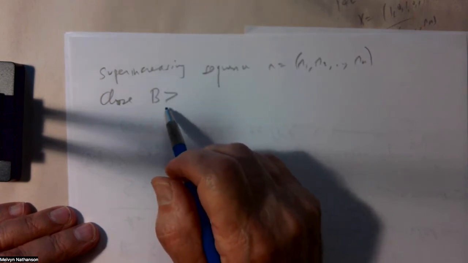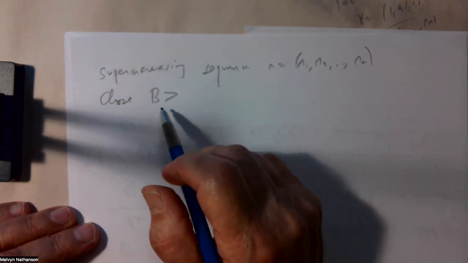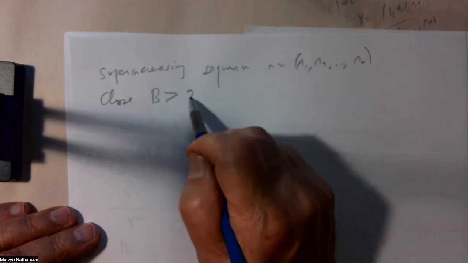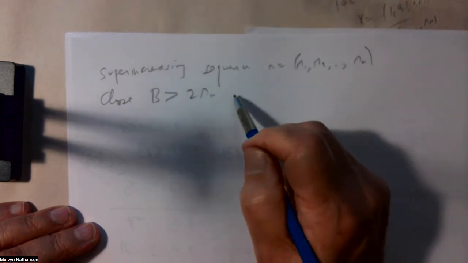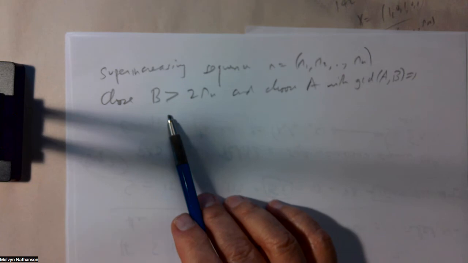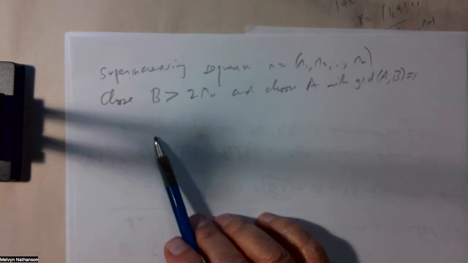And we choose an integer b, which is bigger than twice the largest number, 2rn. And we choose another positive integer a with the GCD of a and b equal to 1. So you choose a large number b and you choose a number a relatively prime to b.